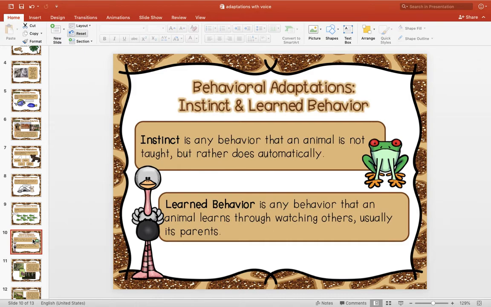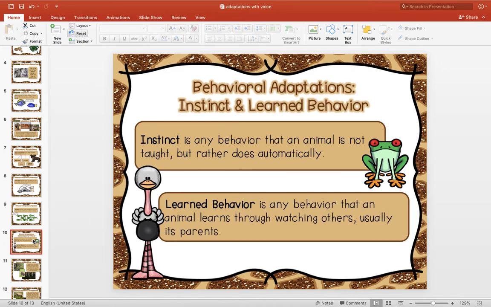You would do that out of instinct. That was something you already had when you were born, to get your hand off of something hot. Learned behavior is any behavior that an animal learns through watching others, usually its parents.